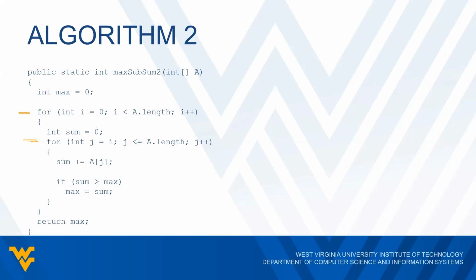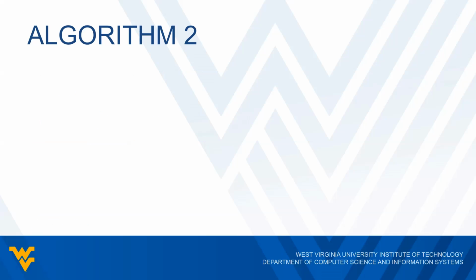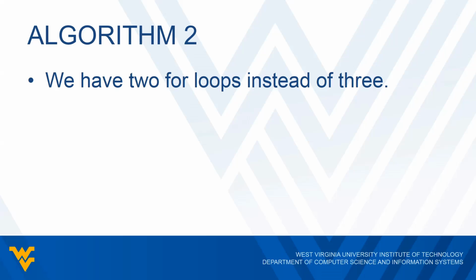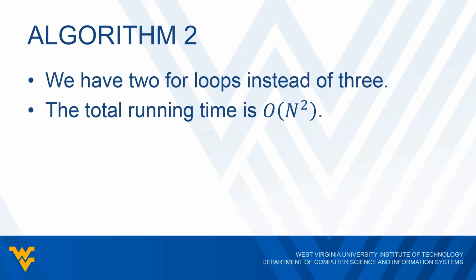We just compute as we increment j. So what we have here is we now have 2 for loops instead of 3 for loops. And what this means is this algorithm takes O of n squared time instead of O of n cubed time.